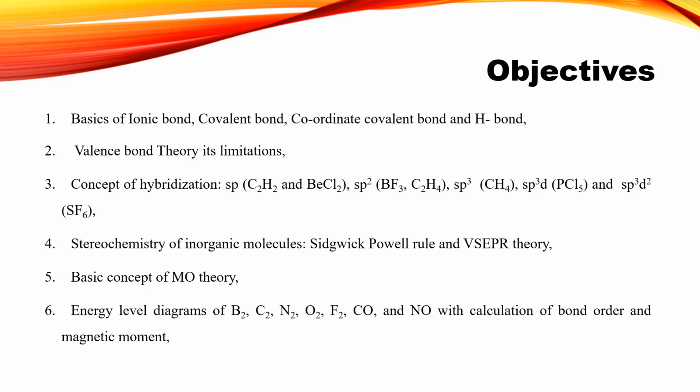Secondly, valence bond theory and its limitations. Third is the concept of hybridization. There are many hybridizations here: sp, sp2, sp3, sp3d, and sp3d2. And I also give you some examples related to this hybridization.